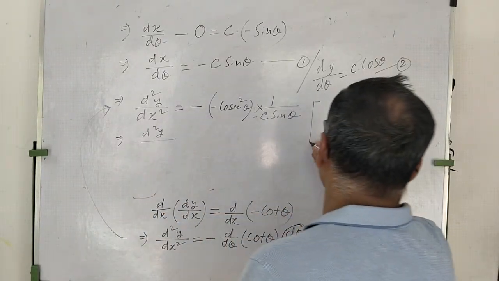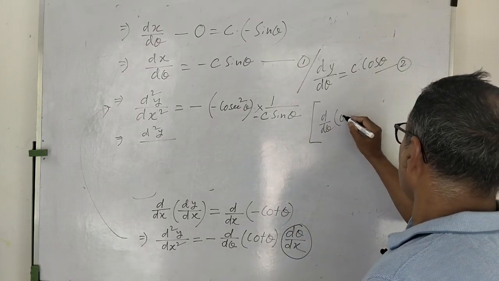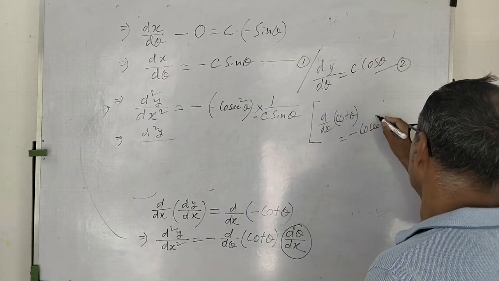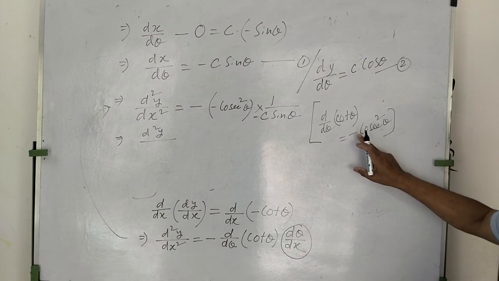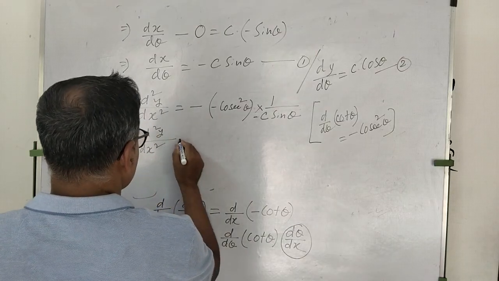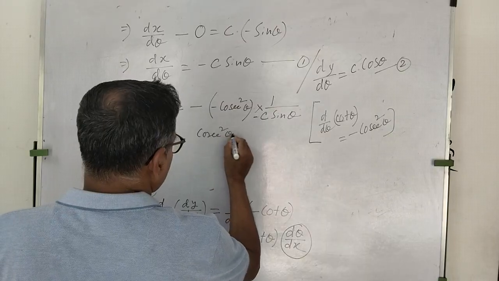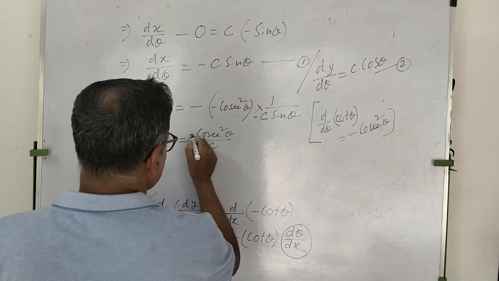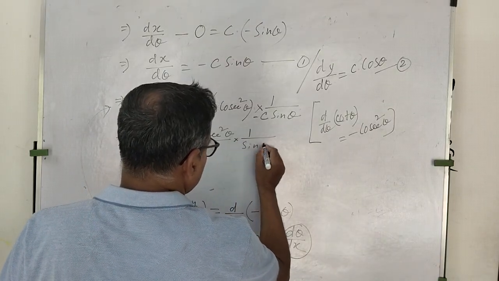We know d/dθ of cot θ equals −cosec² θ. So d²y/dx² equals cosec² θ by c times 1 by sin θ.